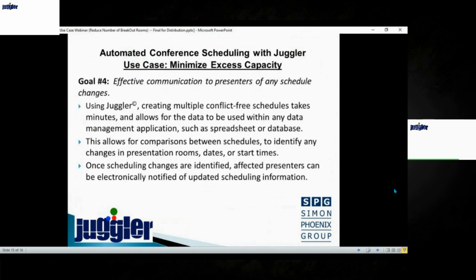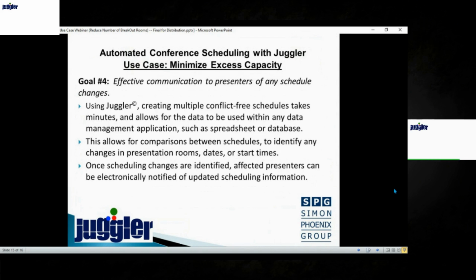There's also another important constraint that needs to be looked at, which is making sure that a presentation where you expect a large draw of people is scheduled in an appropriately sized room. In other words, if you have a very popular presenter who you know is going to draw 300, 400, 600 attendees, you don't want that presentation scheduled in a room that only has capacity for 25 or 50 or 100 people.